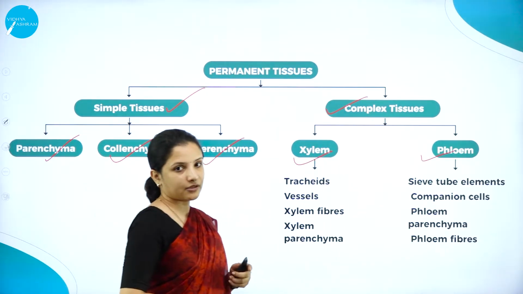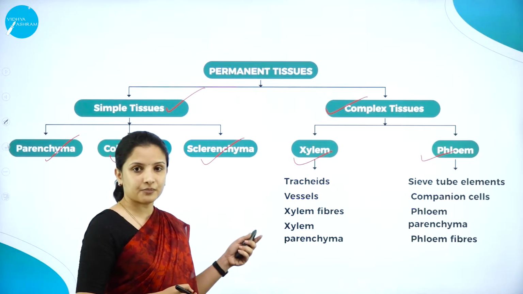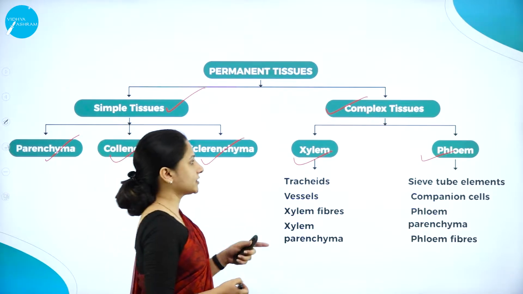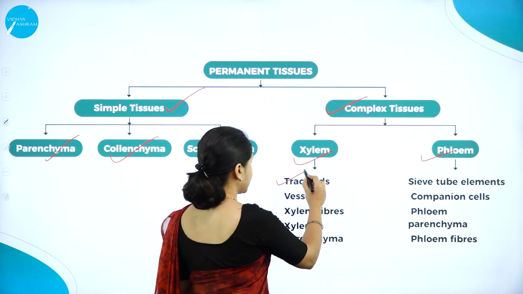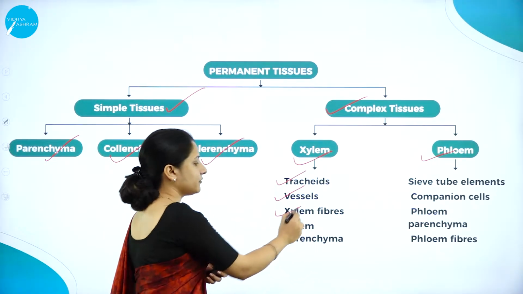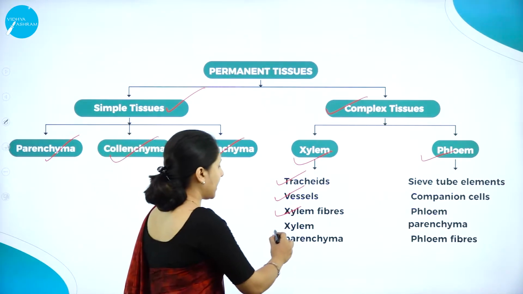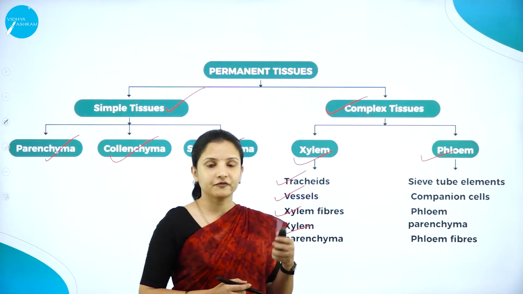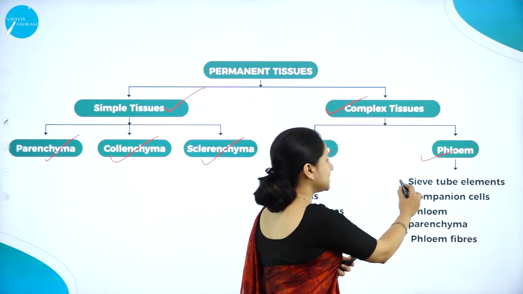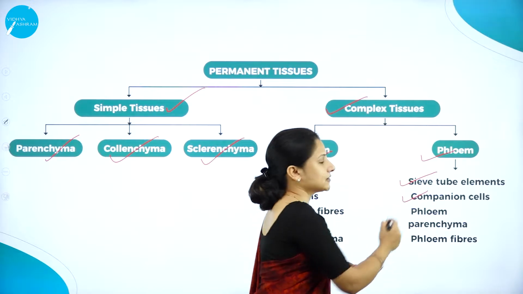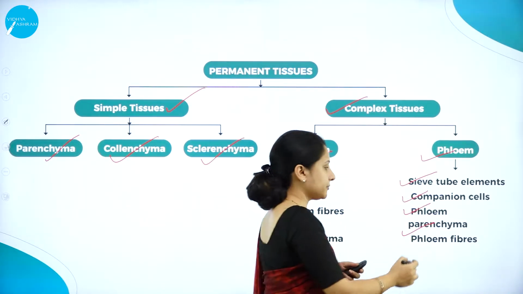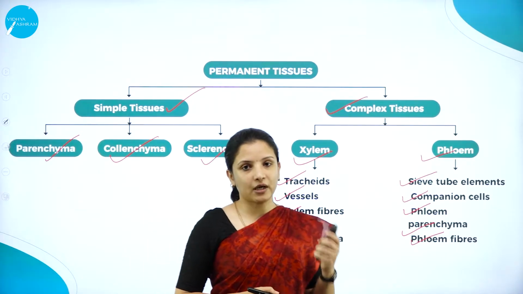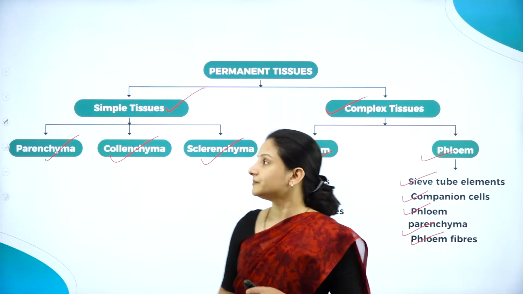The components of xylem are tracheids, the vessels, the xylem fibers and the xylem parenchyma. Next, moving on to phloem, the phloem is made up of different components, which are the sieve tube elements, the companion cells, that is the phloem parenchyma, and the phloem fibers. We shall study each of these one by one in today's session.